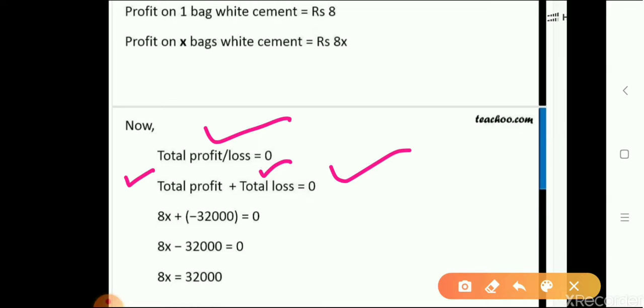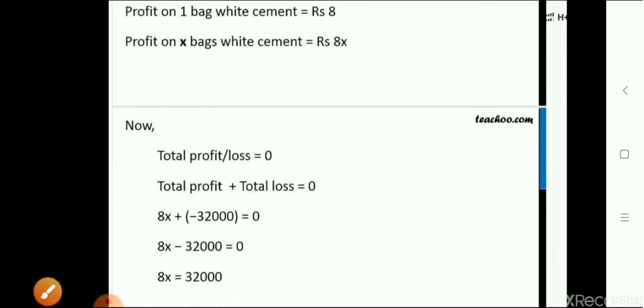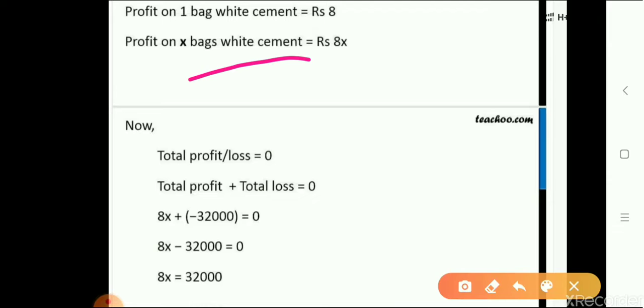Here we have calculated the total profit as 8x, because the number of bags of white cement we have supposed is x, and the profit for one bag is 8. The total loss we have calculated is minus 32,000, and the sum will be 0.